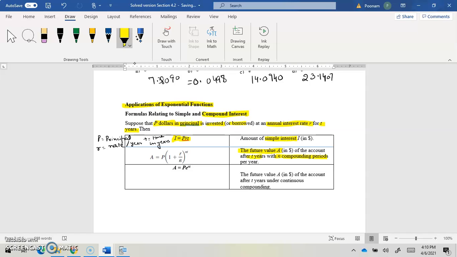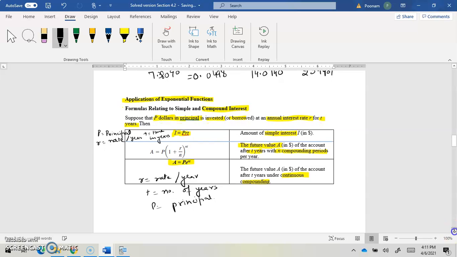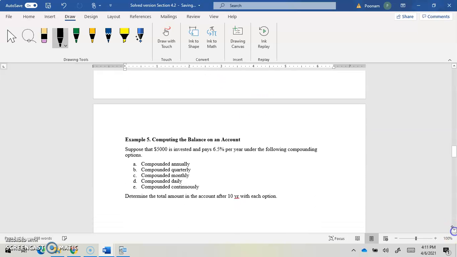And the last, if you're talking about continuous compounding, then the future value is equal to P times e raised to power RT. R is the rate of interest per year, T is the number of years the money is kept in the account, and P is the principal amount, how much you invest. Let's do an example to see how this formula works.